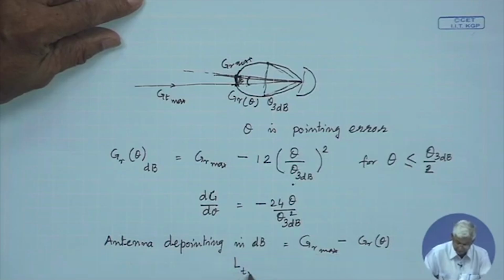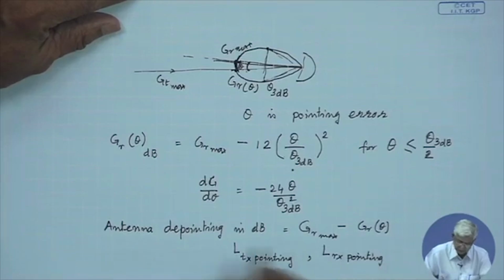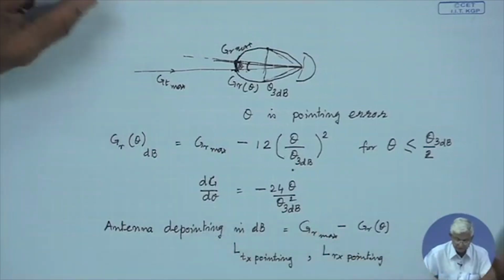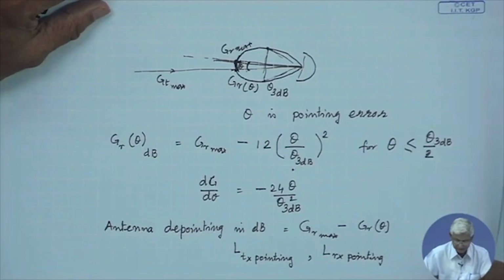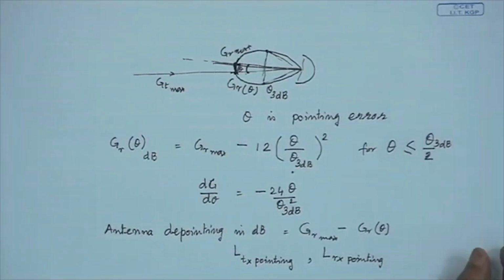So, for the transmitter side we will call it L transmitter pointing, or for the receiver, L receiver pointing. These are pointing error, or depointing, or pointing loss, whichever way you express. This is one type of loss we have discussed. So, let us see, is there any other type of loss? There is.